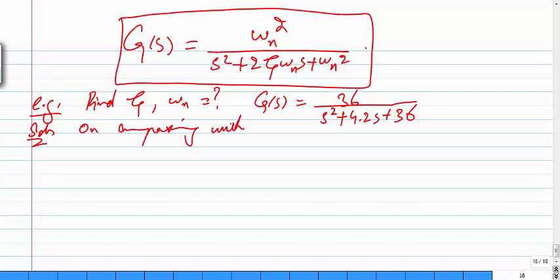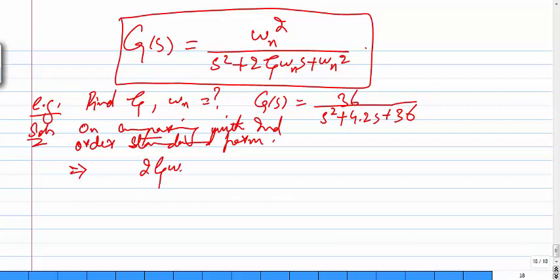Now how do we solve it? For the solution, on comparing with the second order standard form, that implies that 2 zeta omega n is equal to 4.2. This is equation 1, and for equation 2 we have omega n square equal to 36.